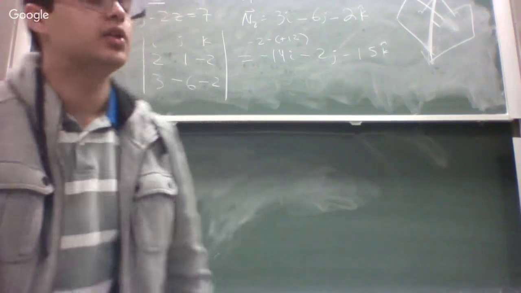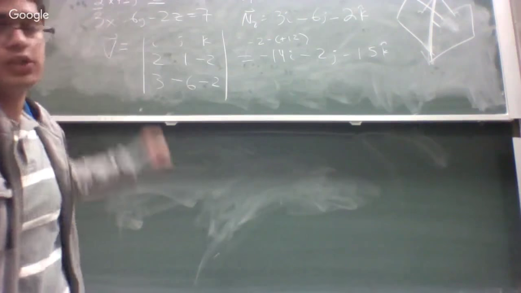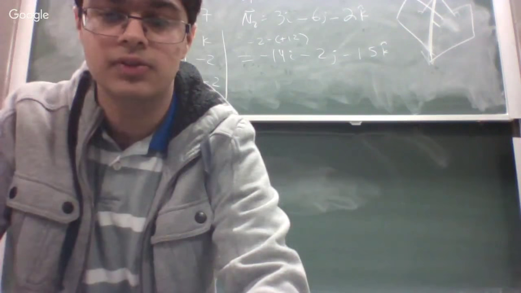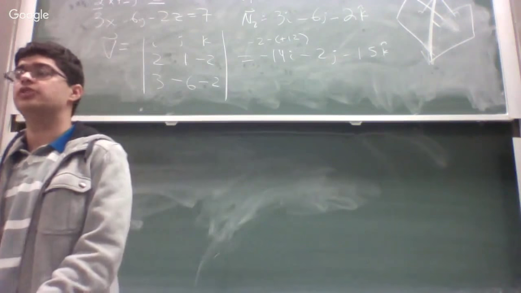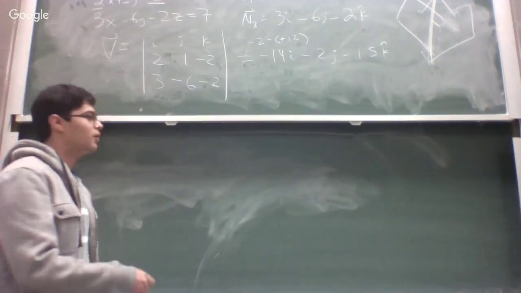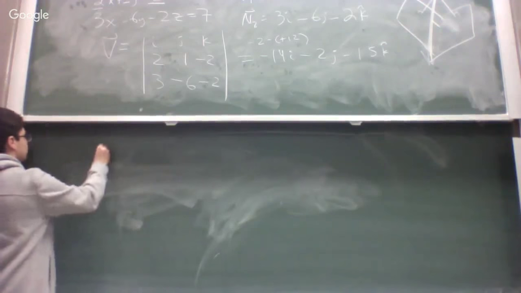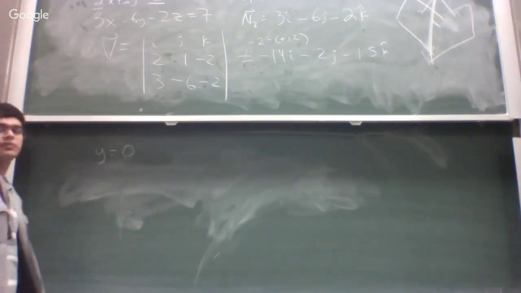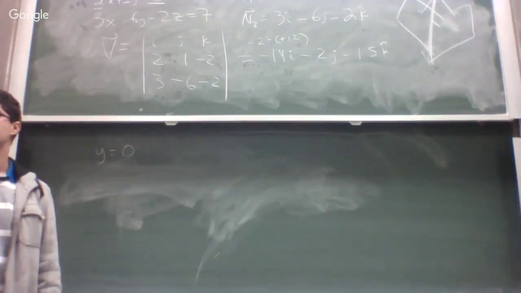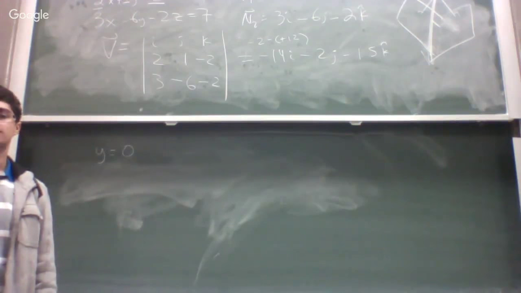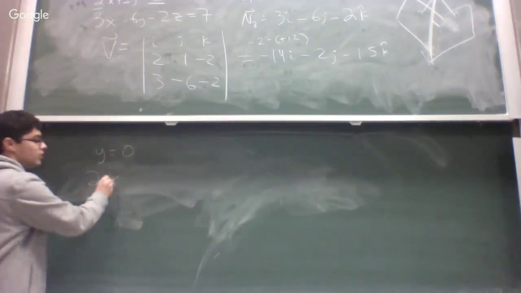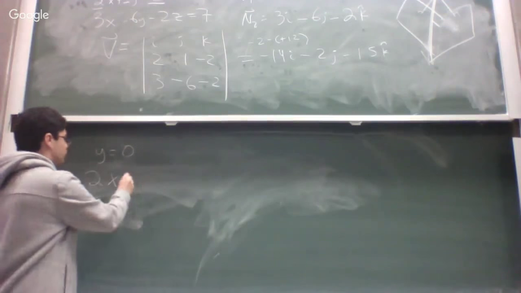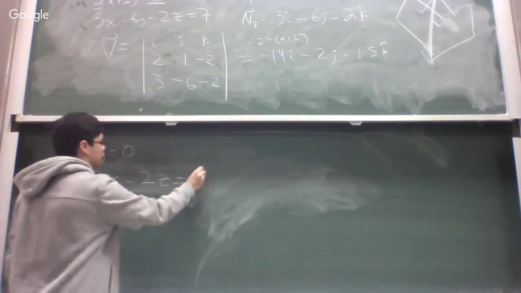Originally, we were given the equation for the planes. You could do this with either x, y, or z, but in this problem we set y equal to 0 in order to simplify it. So then we are left with 2x minus 2z equal to 5.